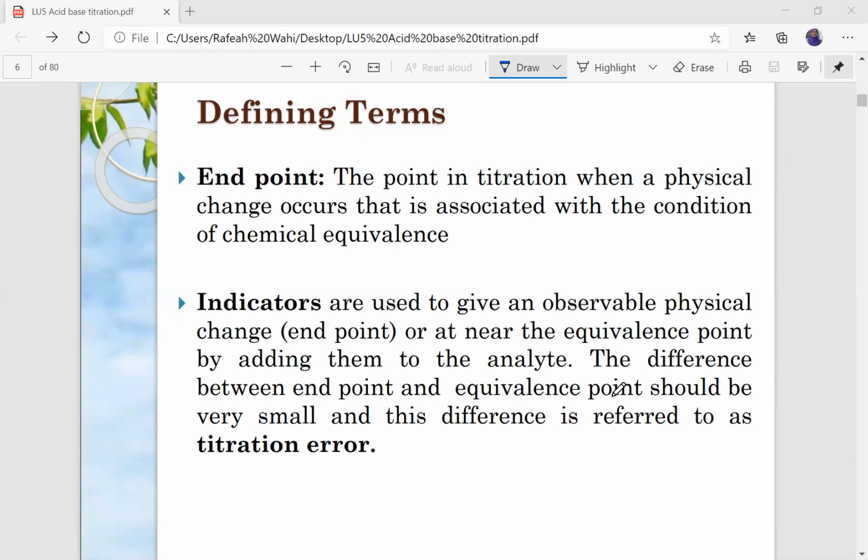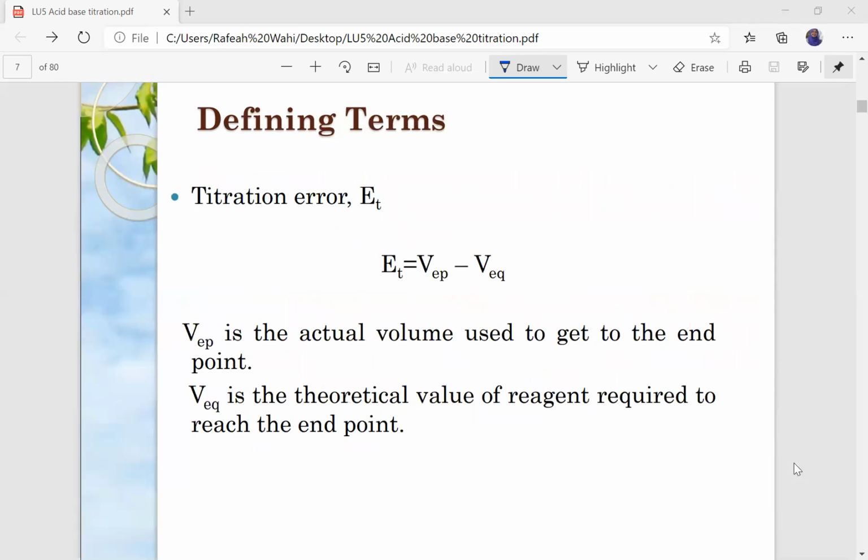The difference between the endpoint and the equivalence point should be very small, and this difference is referred to as titration error. So, titration error is equal to the difference between the actual volume used to get to the endpoint and the theoretical value of reagent required to reach the equivalence point.